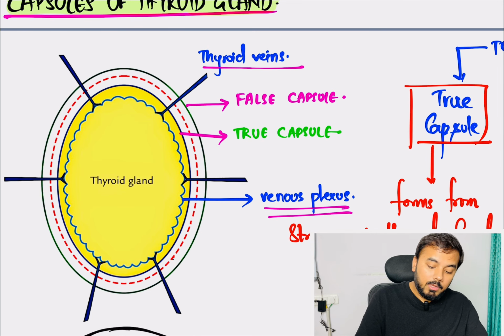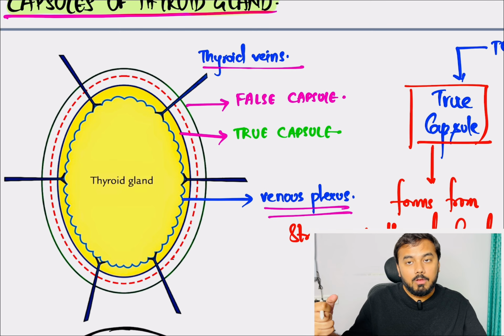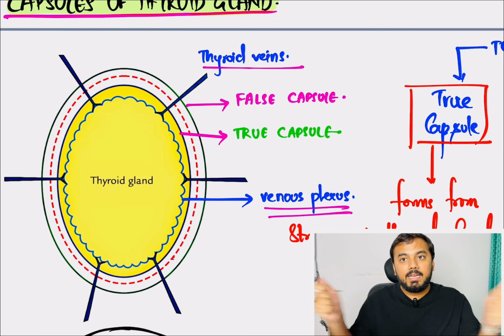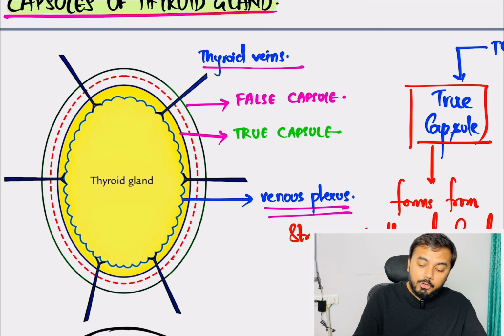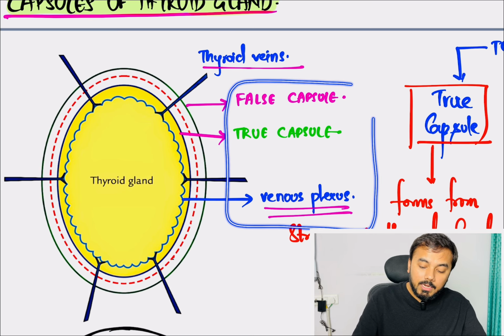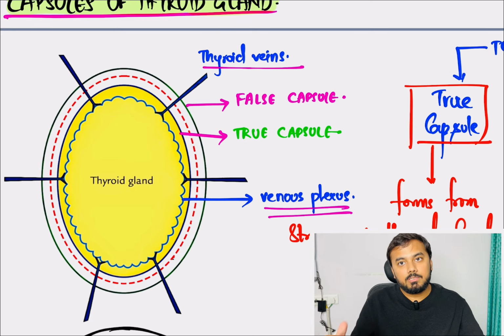Why? Because beneath the true capsule you have got this venous plexus. So when you are trying to remove the capsules, what will happen? This venous plexus might tear and lead to heavy blood loss. So you have to remove all these three important things during thyroid surgeries.